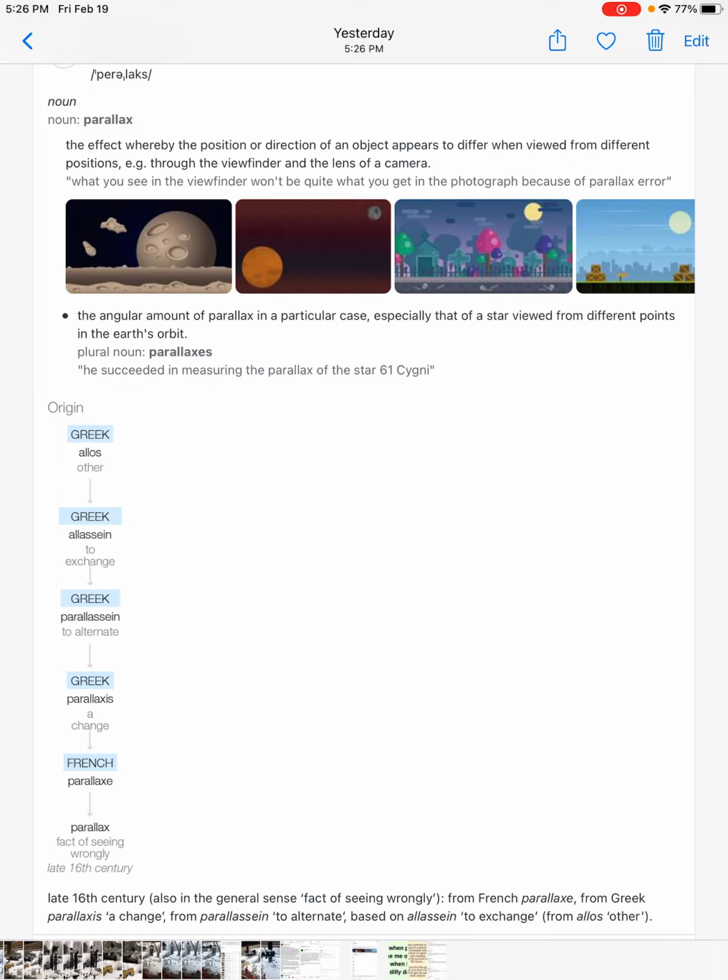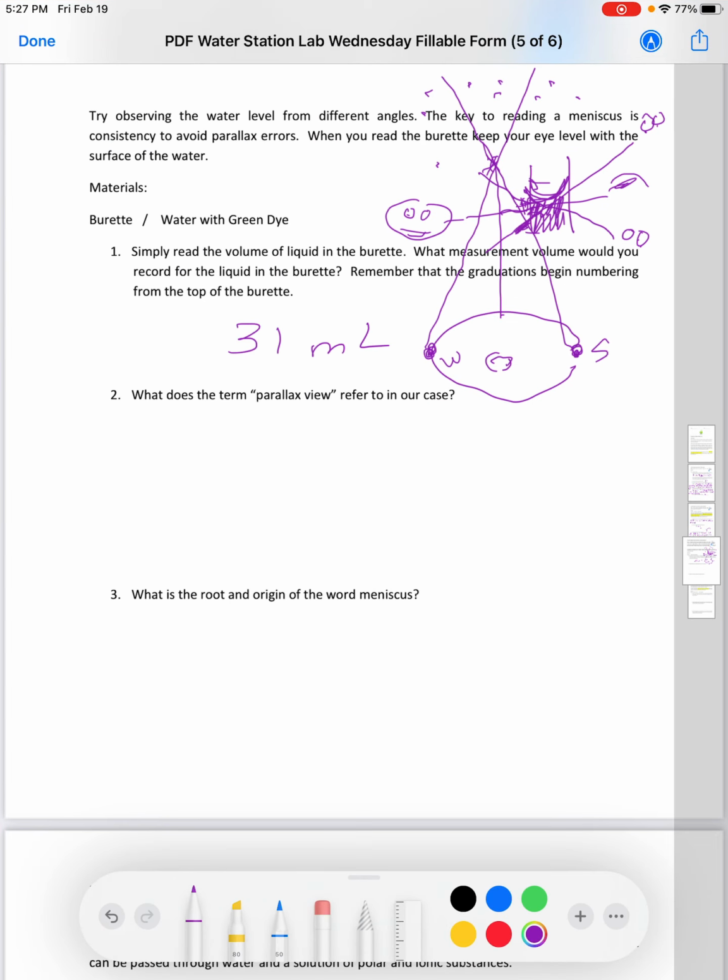But so the parallax view is a change in appearance of an object when it's viewed from different positions. So for our purposes, it's a change in a measured value, a measurement.